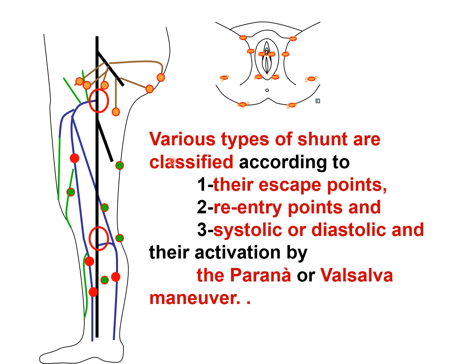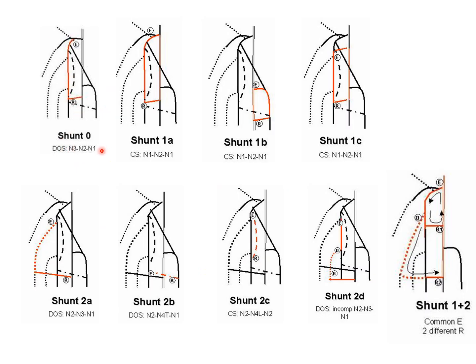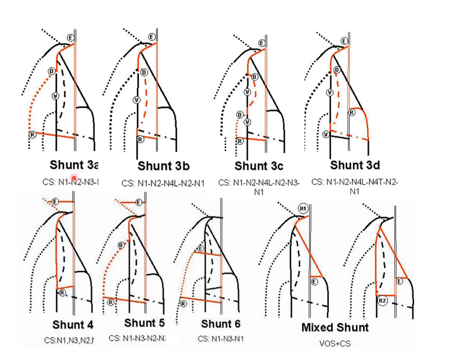Various types of shunt are classified according to their escape points, reentry points, systolic and diastolic, and their activation by the Parana or Valsalva maneuver. These are various closed shunts: shunt 0, shunt 1, shunt 2, shunt 1 plus 2, shunt 3, shunt 4, shunt 5, shunt 6, and mixed shunts.